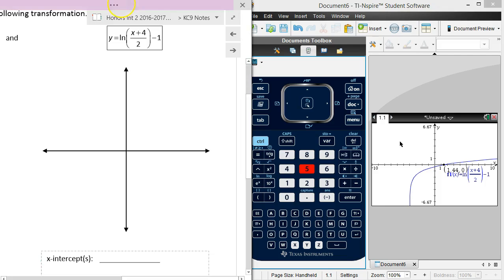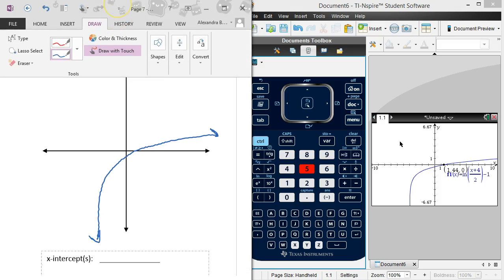So here my graph looks something like this. We have both an x and a y-axis.